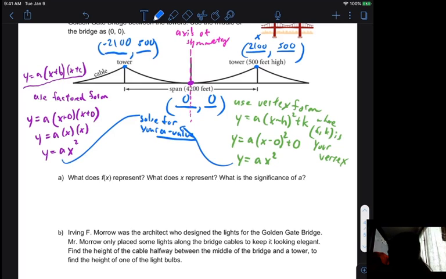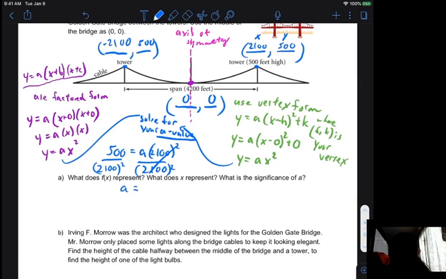So there's your x value, there's your y value: 500 equals a times 2100 squared. So divide by 2100 squared. Those go away.